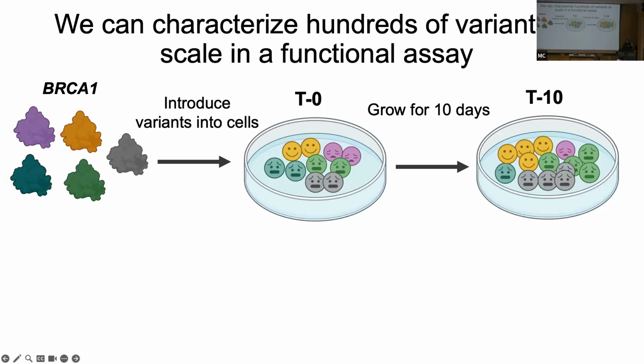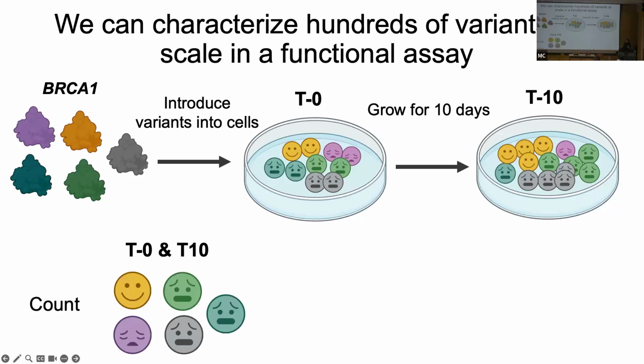Basically, it's just counting. We know our controls and how they're supposed to grow. So we see that the yellow cells have increased twofold, and the purple cells have decreased twofold. So what we want to do is extrapolate that information to the other variants that we've introduced into the cell line.